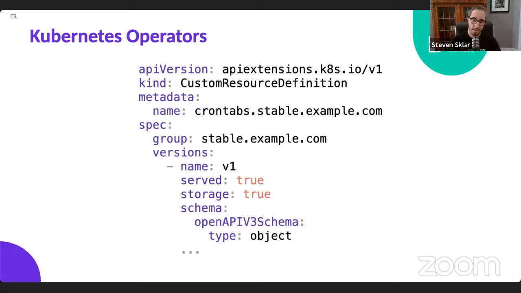I like to think of a custom resource definition as kind of a class definition of a new type of Kubernetes object, and a custom resource is the implementation of that class. An operator will consist of one or more custom resource definitions and will have its own set of API groups that you can then use to reference and create your various custom resources based off of.